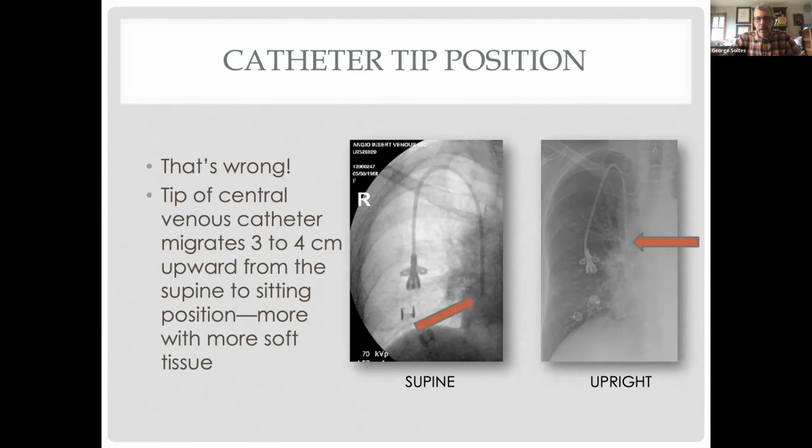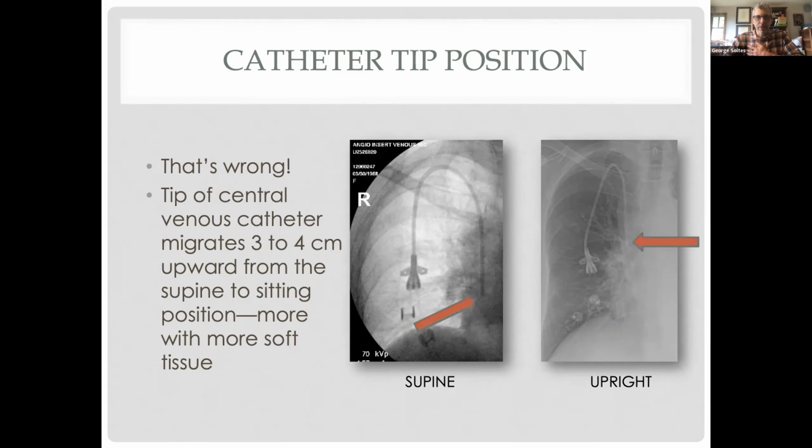If I draw some little arrows, there's the catheter tip supine in the mid-right atrium. However, when they're upright, it's at the SVC-RA junction. So when we place these catheters, the patients are supine. However, most of their life, they're not supine, including usually when they're getting treated, they're sitting up. When you sit up, the external portion of the catheter is attached to the soft tissues of your chest.